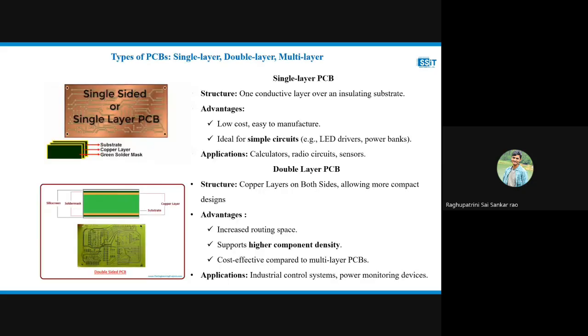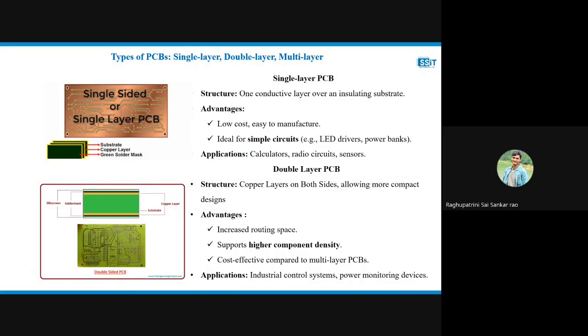Okay. A layer is nothing but a side of the PCB. Single layer PCB means one conductive layer over an insulating substrate. It is like having connections on only one side. The advantages are low cost and easy manufacturing, ideal for simple circuits like LED drivers, power banks, and applications like calculators, radios, or circuit sensors.